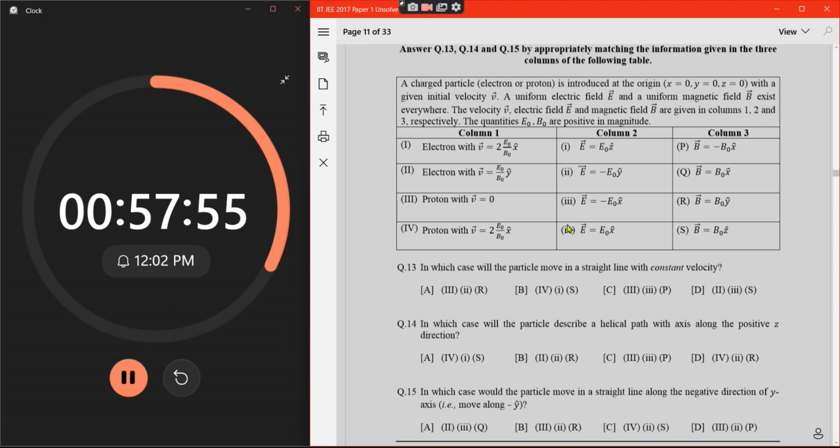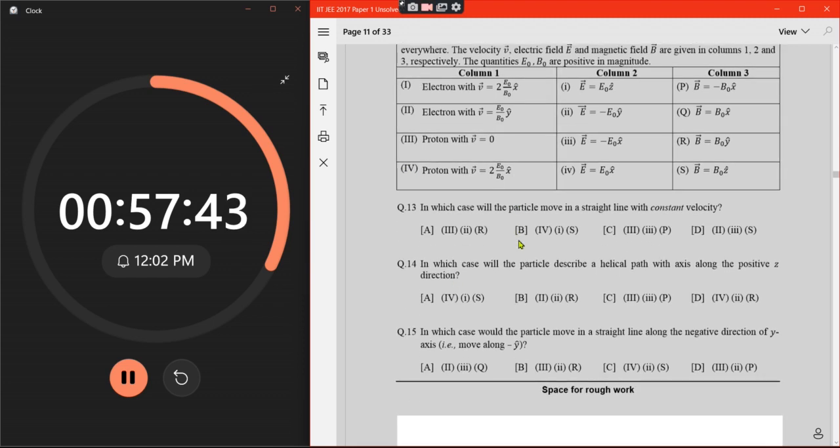Oh, of course, this happens if, wait, okay, wait. The one that was ours, where did it go? The answer for 14 is A. So in A, where is fourth? Fourth is, thank God, x hat. Yes, that actually makes sense. Straight line along the negative direction of y-axis.